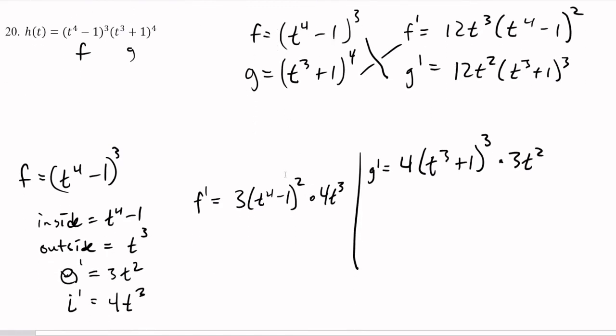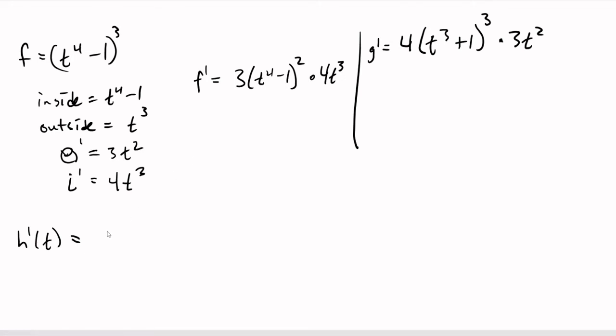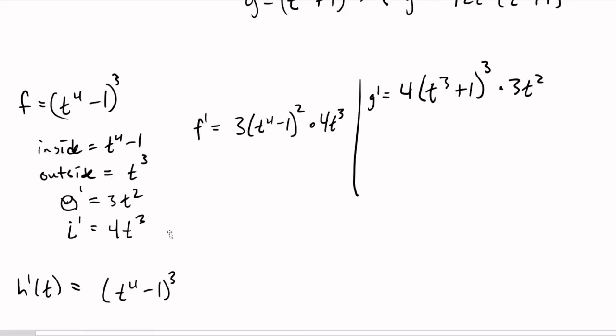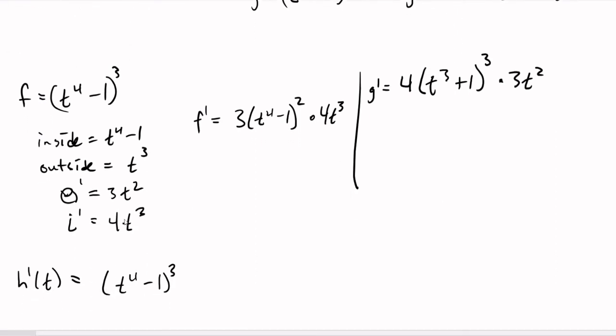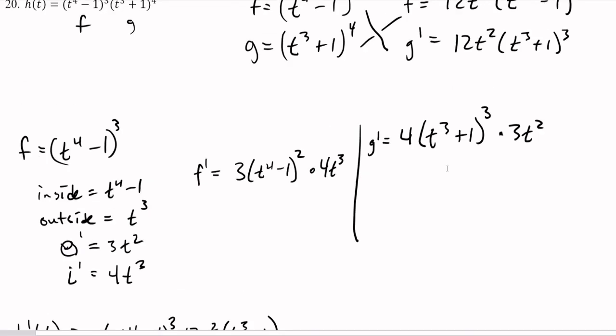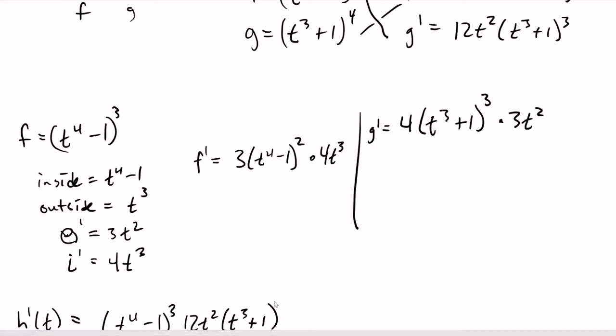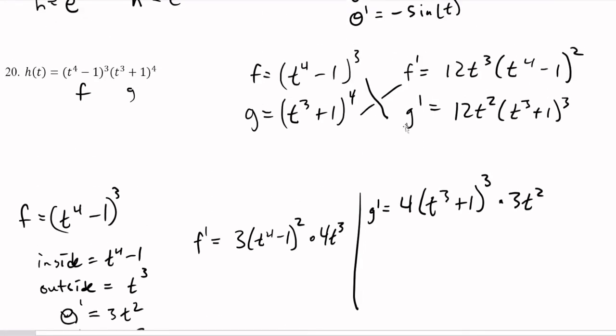That's t to the fourth minus 1 cubed. I'm going to do a lot of scrolling. T to the fourth minus 1 cubed, 12t squared, and then t cubed plus 1, so 12t squared, t cubed plus 1 cubed, plus, now, right, we did this one, we got to do this one.